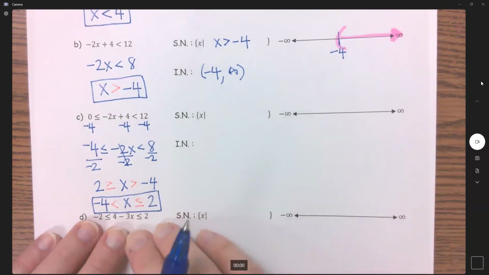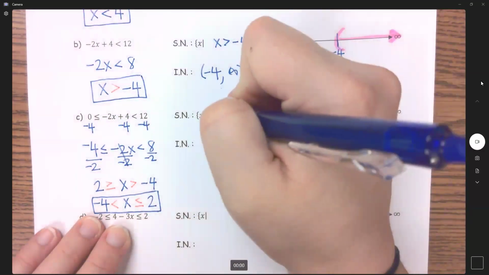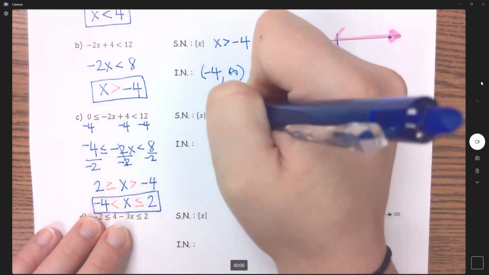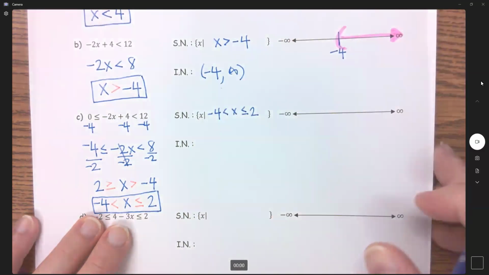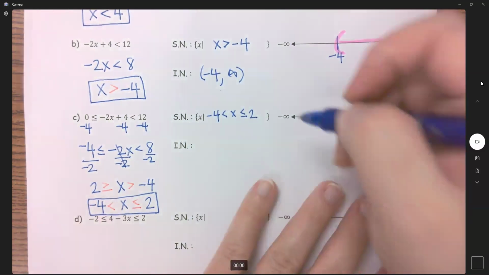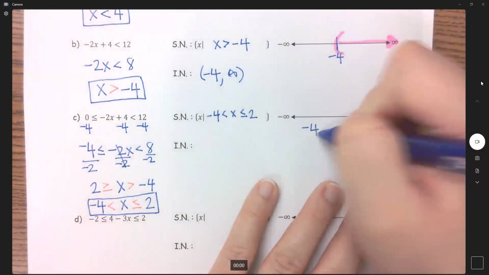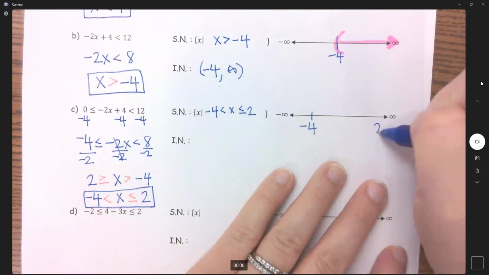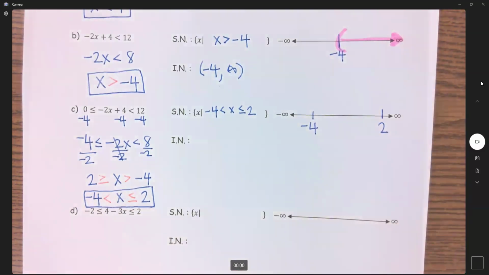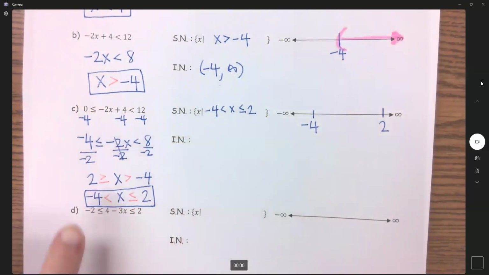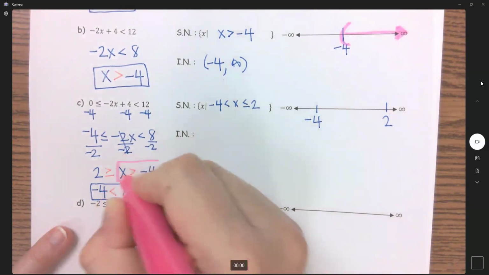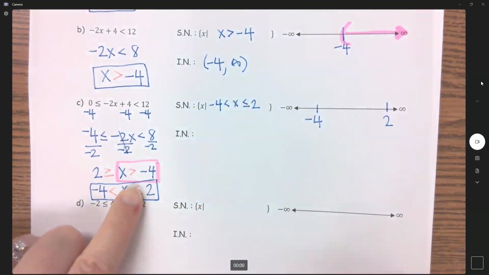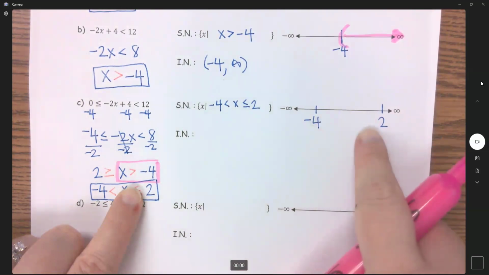So in set notation, we're just writing what we found here and here. So -4 is less than x, which is less than or equal to 2. So what does this look like in interval notation? We're going from -4 to 2. If you look at it from this spot right here, x is greater than -4, so this way.